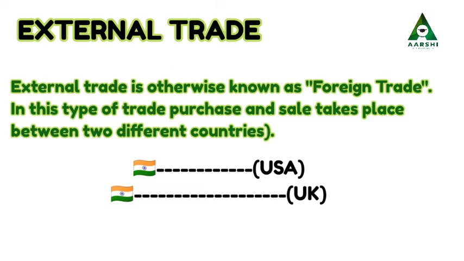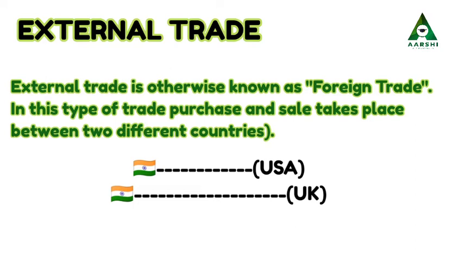So, all these countries are outside India. So, this is an example of external trade or foreign trade. So, external trade or foreign trade means the trade activity which is conducted outside India, means country to country. When one country trade with another country, it will be regarded as external trade or foreign trade.